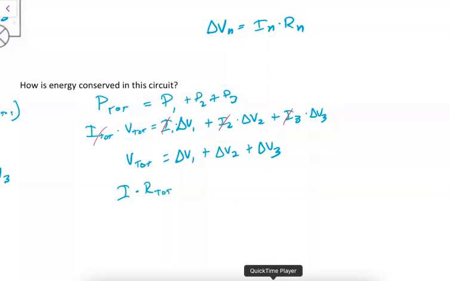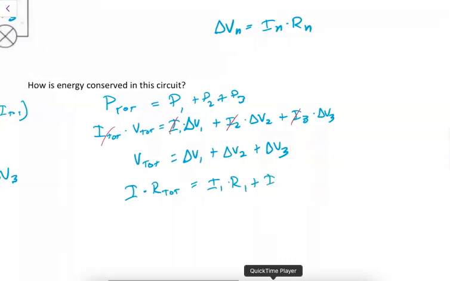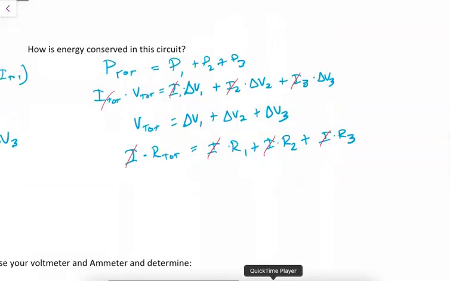We're just switching out N with total, and we know that current stays constant, so this is equal to I times R1 plus I times R2 plus I times R3. And again, we can cancel out the I's, and we get this important result: R total is equal to R1 plus R2 plus R3.